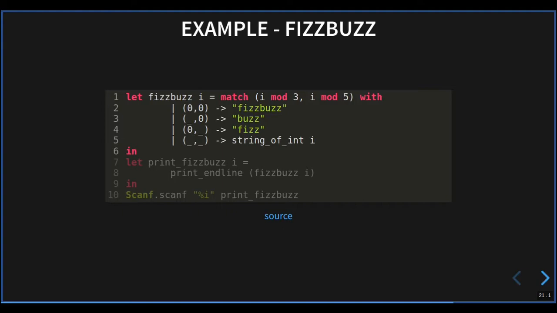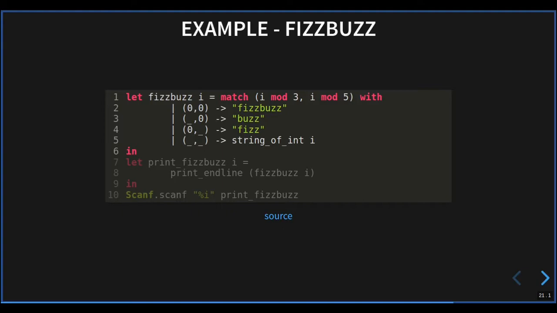So instead of a set of, for example, if statements, we can use pattern matching, and we can calculate the modulo division by 3 and modulo division by 5, and use pattern matching on both these values to check both of them at once. So first we check if the input value is divisible by both 3 and 5, and for this case we return the FizzBuzz string.